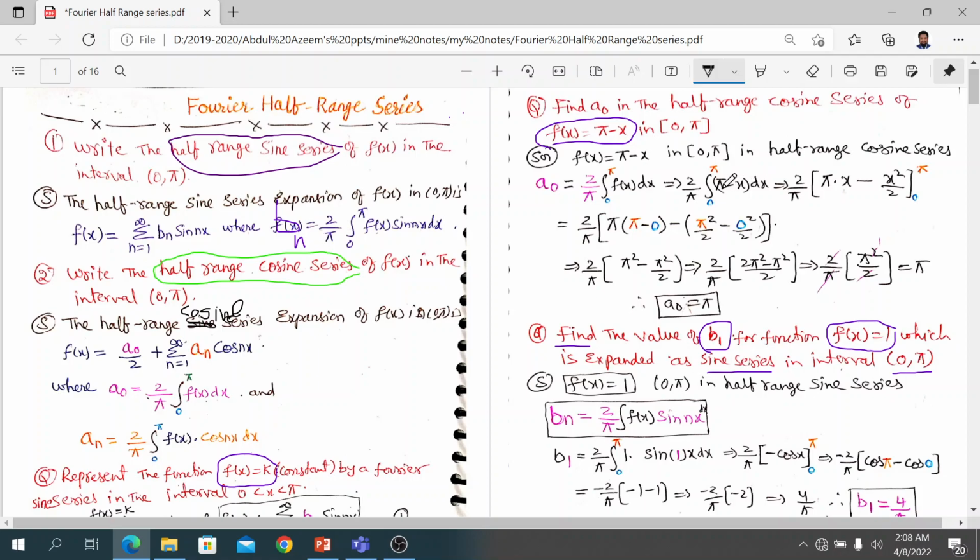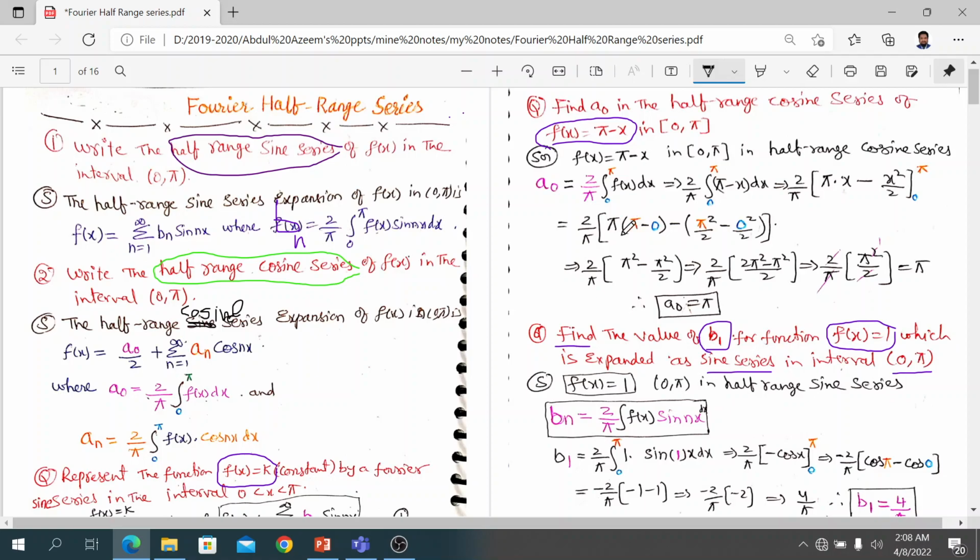Now pi as it is, integration of 1 is x, minus integration of x, that is x square by 2. Now upper limit minus lower limit, pi as it is. For this x, pi minus 0. For x square by 2, pi square by 2 minus 0 square by 2.